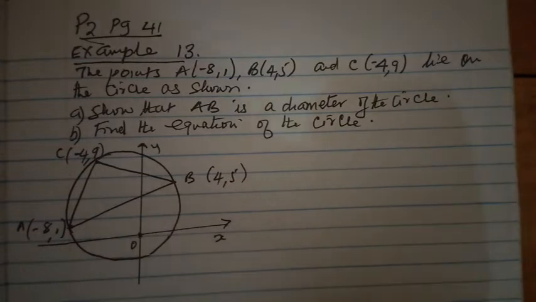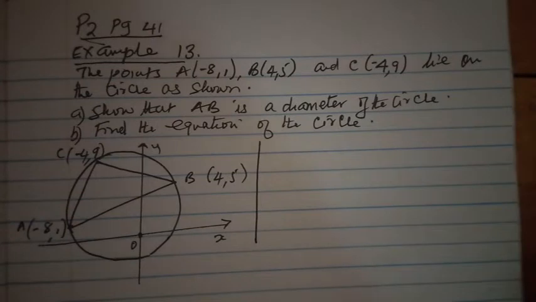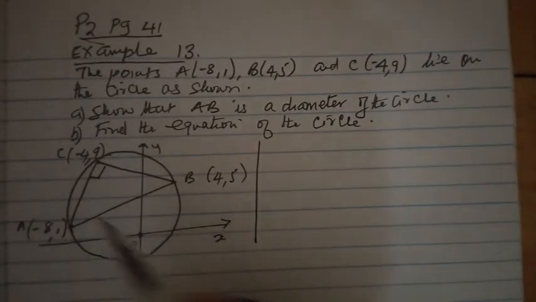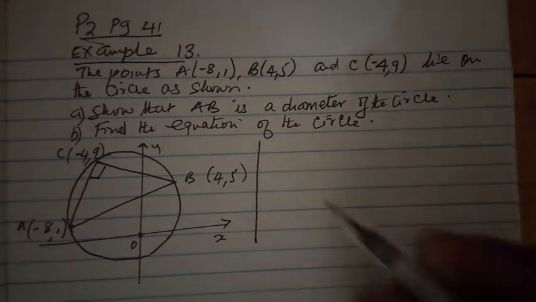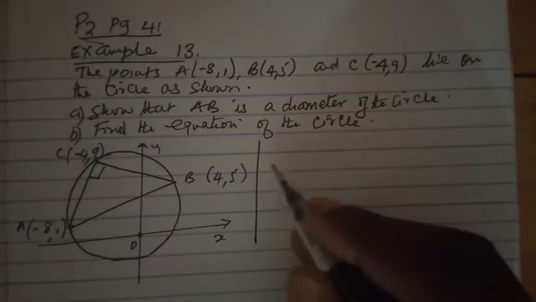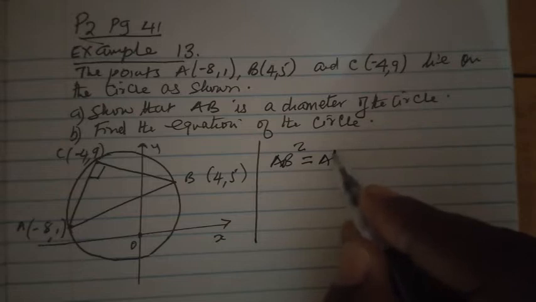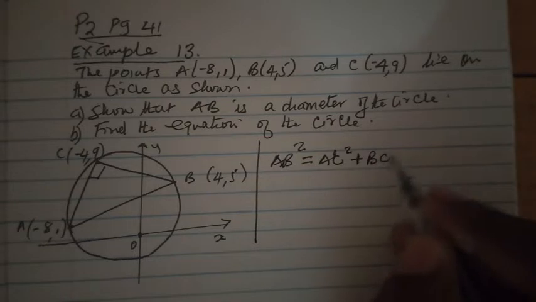Let's just answer that question. We all know the properties of a diameter of the circle. If this is the diameter, then we are dealing with a right-angled triangle, which obeys Pythagoras' theorem, which says AB squared must equal AC squared plus BC squared.